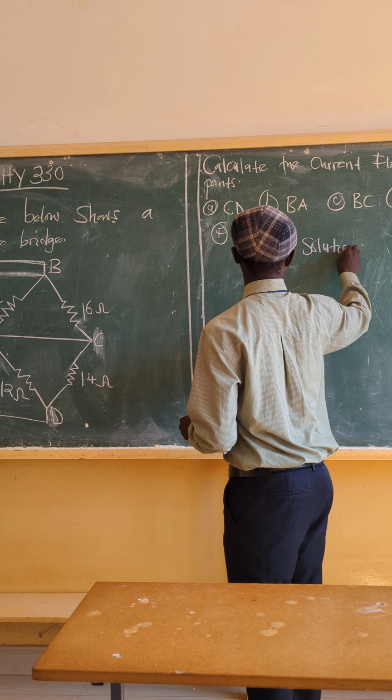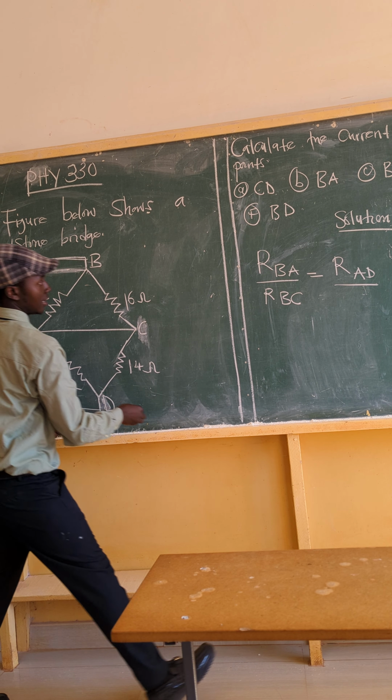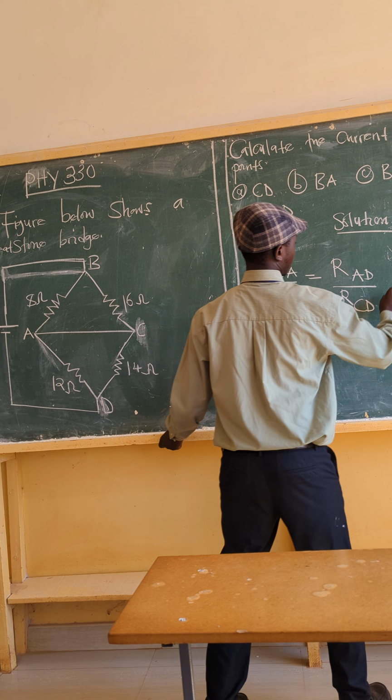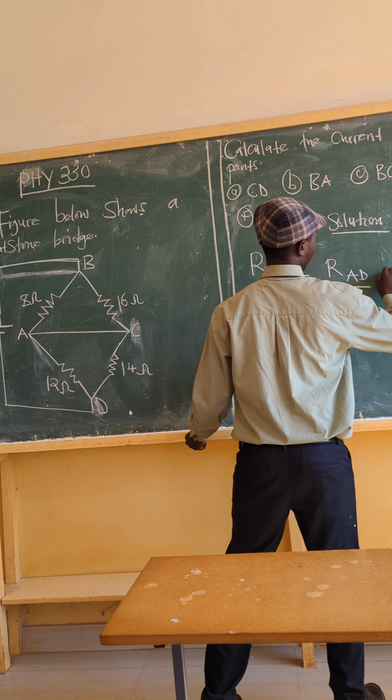We say resistor BA over resistor BC. Then we come to here as well, we say resistor AD over resistor CD. So let's substitute the resistors.